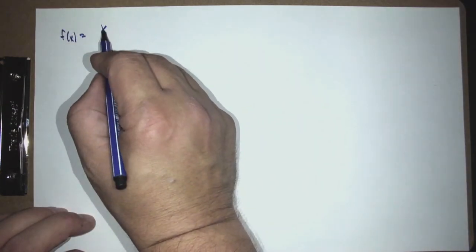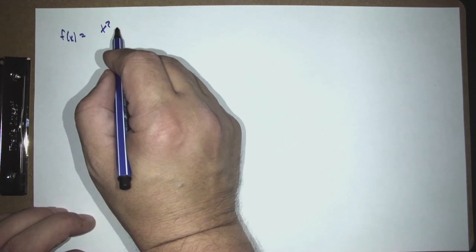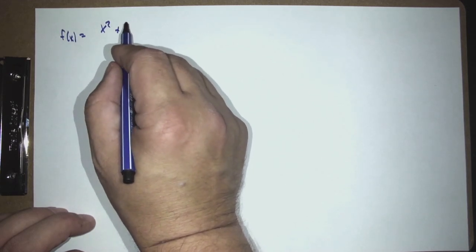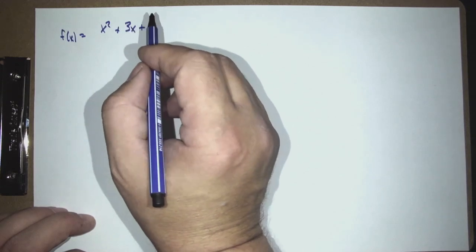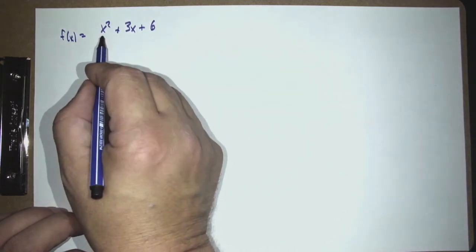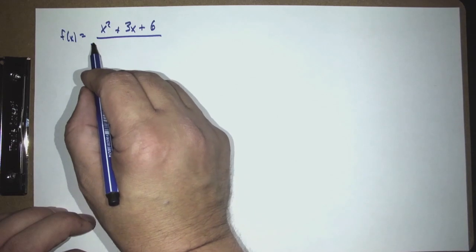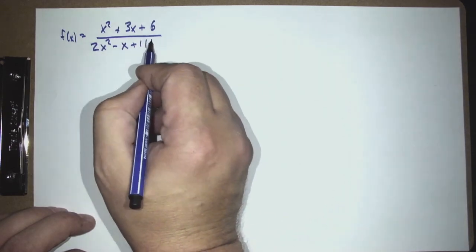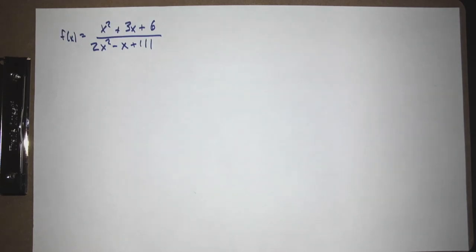I'll start it off. x squared, 3x, and 6. Downstairs, how about we say 2x squared minus x plus 111. Just in the interest of time. All right.